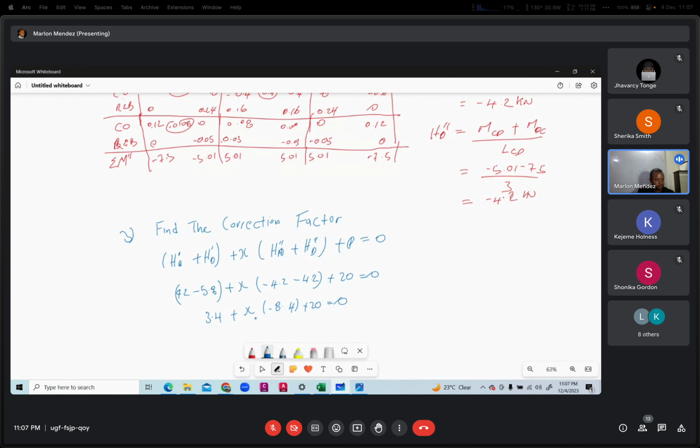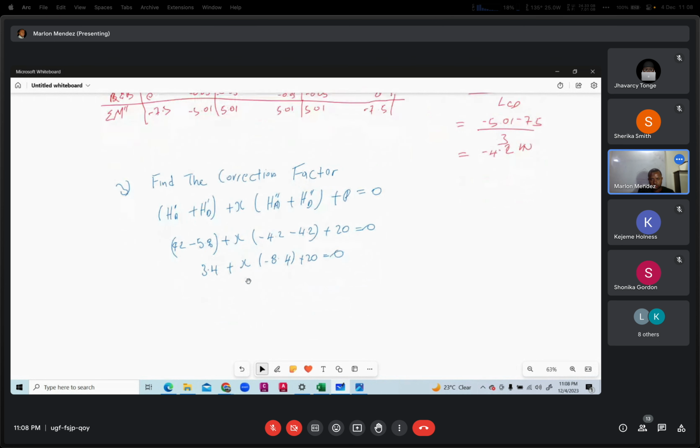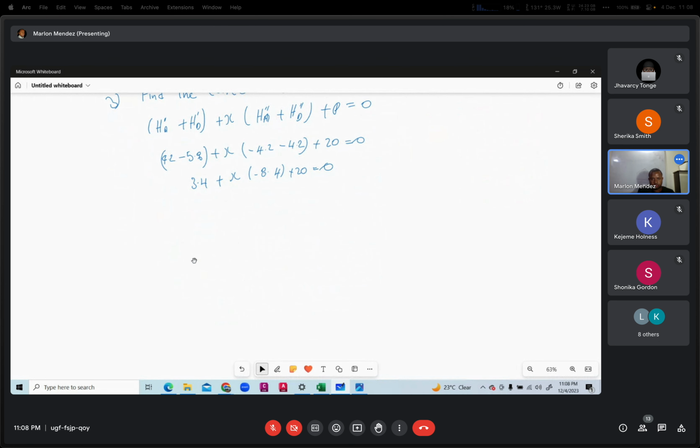So to find x, therefore, x is equal to 2.786. So that's the correctional factor.